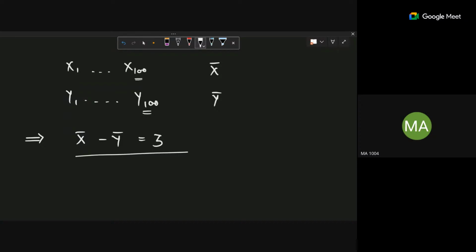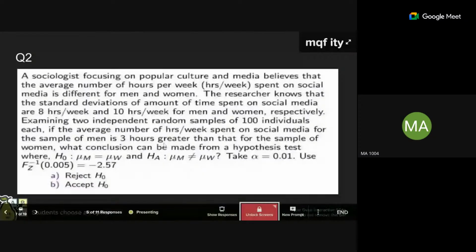Yeah, it was given there. It's not directly written there, but see, they said that examining two independent random samples of 100 individuals each, the average number of hours per week spent on social media for the sample of men is 3 hours greater than that for the sample of women. Okay? Yes, ma'am, got it.